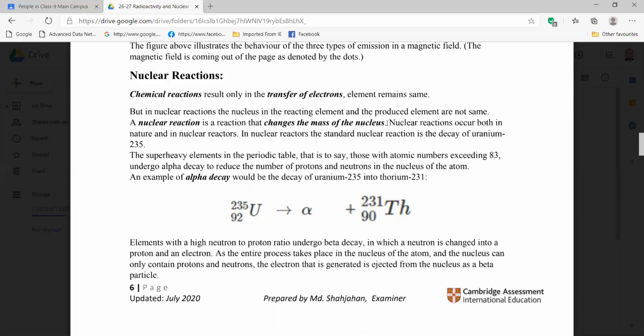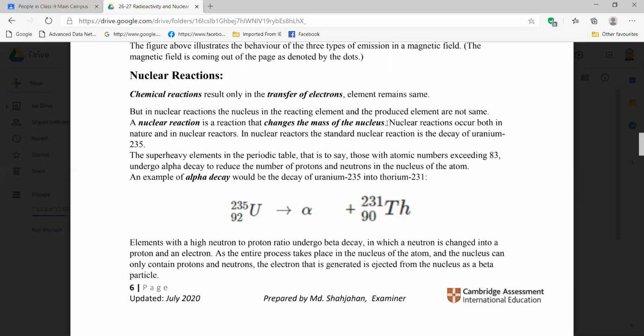In nuclear reactors, the standard nuclear reaction is the decay of uranium-235. The super heavy elements in the periodic table, that is to say, those with atomic numbers exceeding 83, undergo alpha decay to reduce the number of protons and neutrons in the nucleus of the atom. An example of alpha decay would be the decay of uranium-235 into thorium-231.